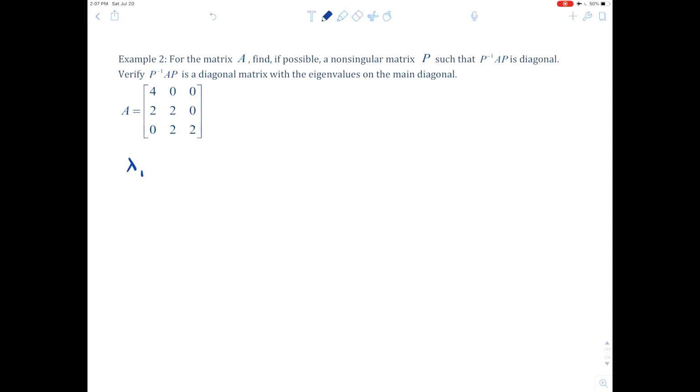So we'll have lambda 1 is equal to 4, and lambda 2 is equal to 2, and it has a multiplicity of 2 because that root shows up twice. So if you're thinking of something graphically, that means it's tangent to the x-axis. It kisses the x-axis instead of crossing. All right?